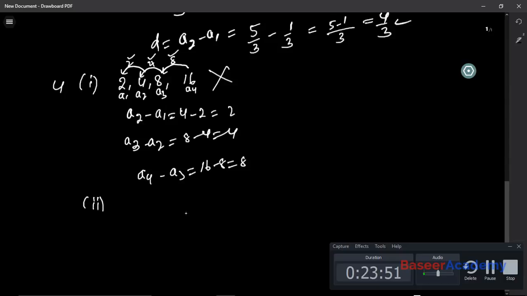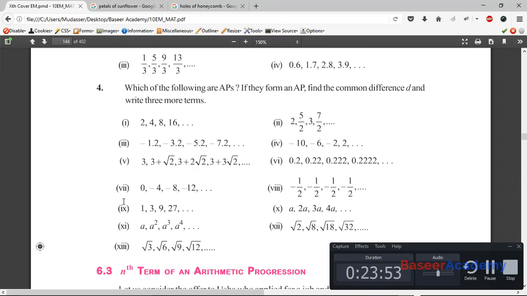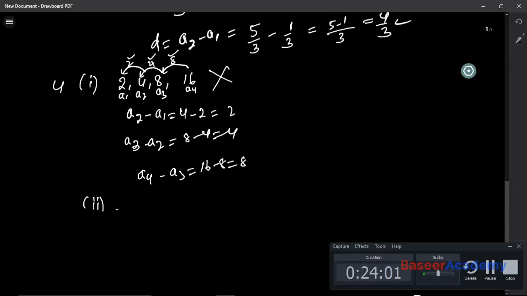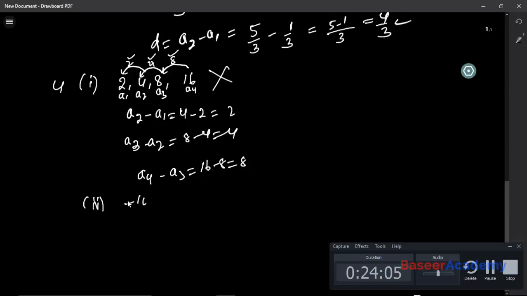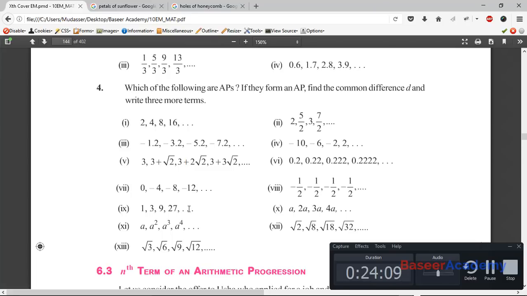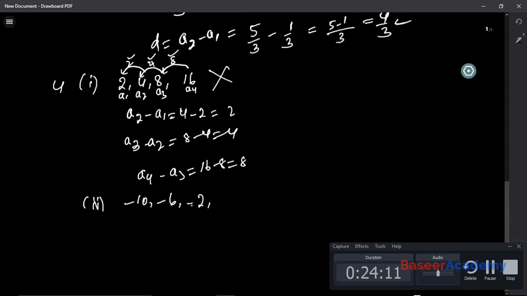Let me do one last bit here. Let's say I choose the fourth bit: minus 10, minus 6, minus 2, and 2. Let us find out if this is an arithmetic progression.